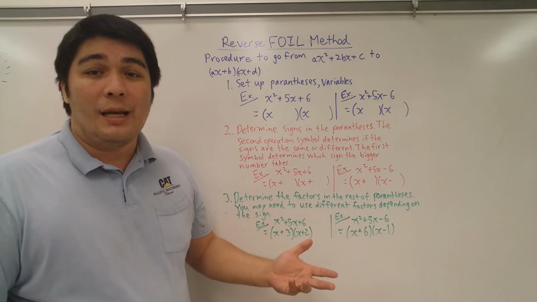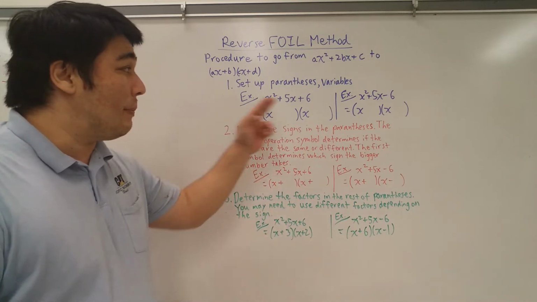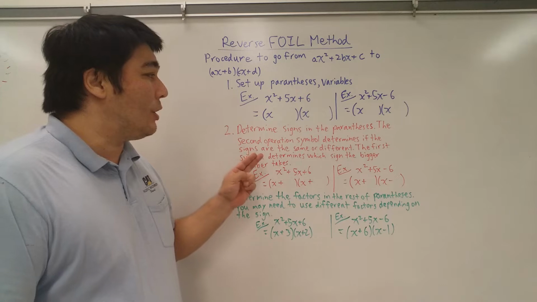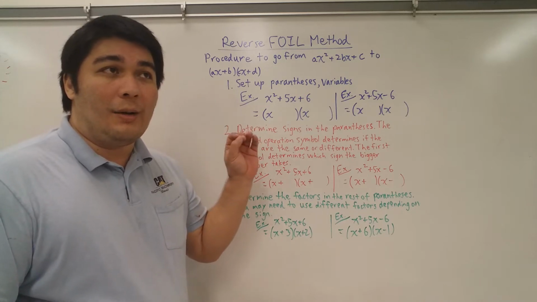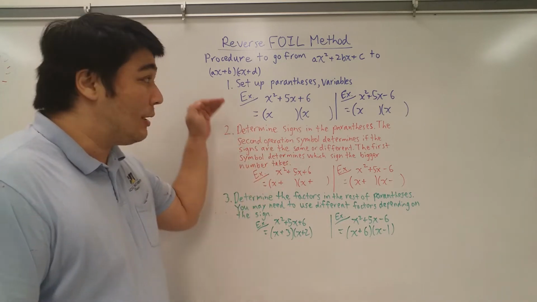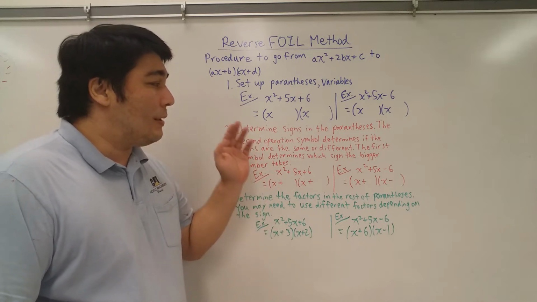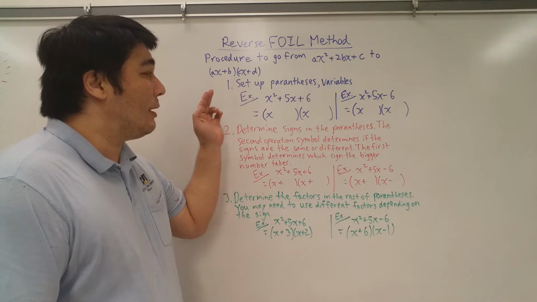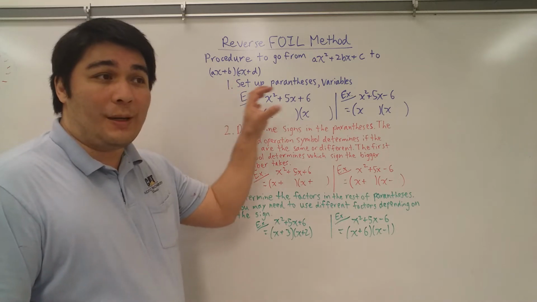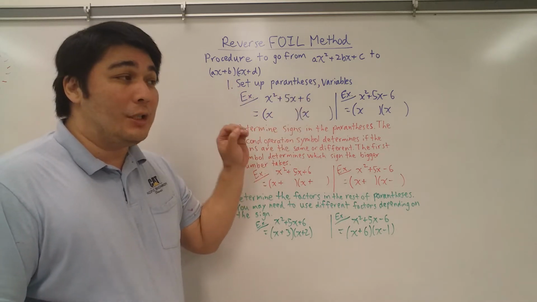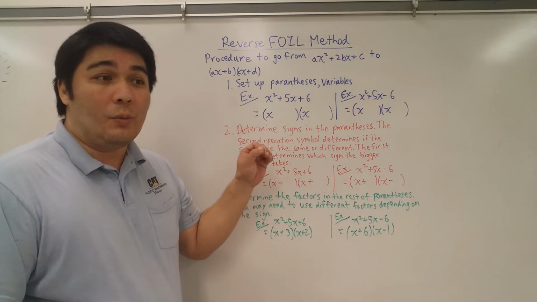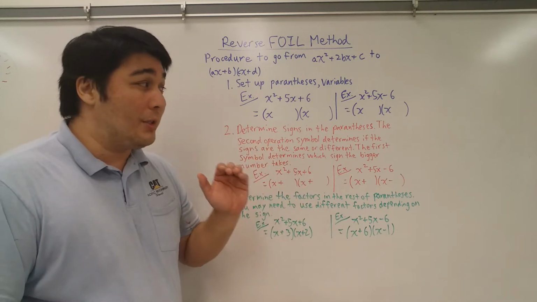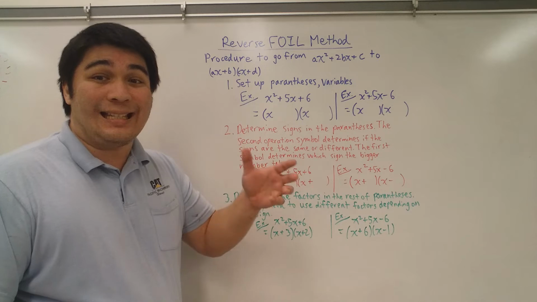To help you out with this, I did two examples, and I wanted to caution you on this, and that's why I wrote this in different colors. When you're doing certain problems, you can do quite a few steps right away, almost immediately, and they look kind of the same.